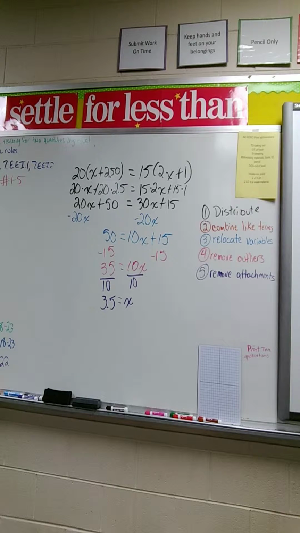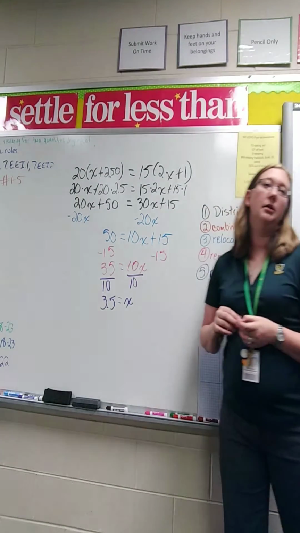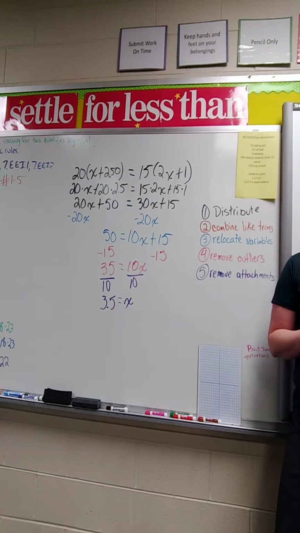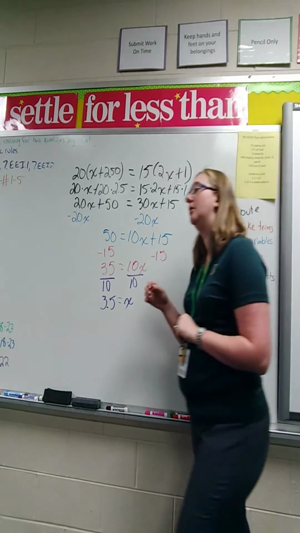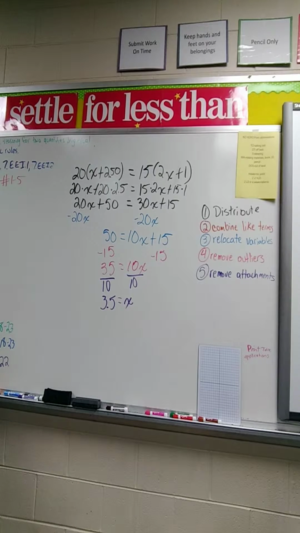That's a number that's not attached to the variable, but that's on the same side as my variable, leaving us with 35 equals 10x. And last, I remove my attachment, which is a number that's left on the same side as my variable. Dividing by 10, that left me with 3.5 equaling x.